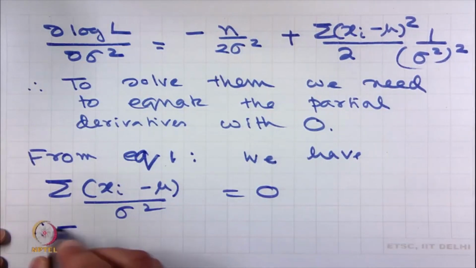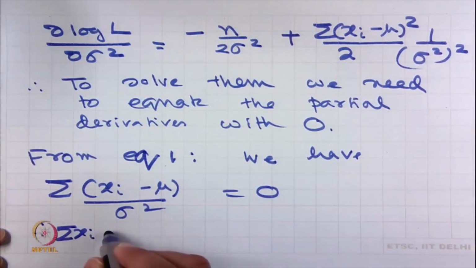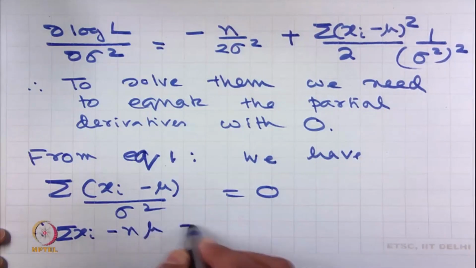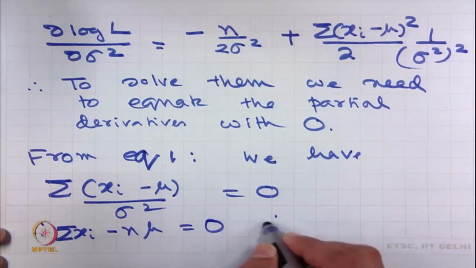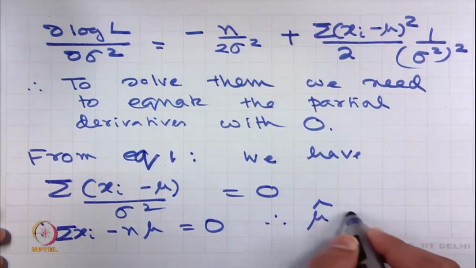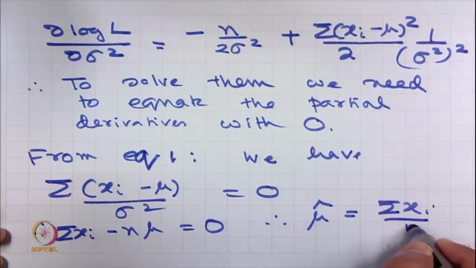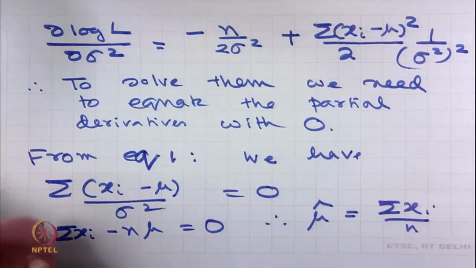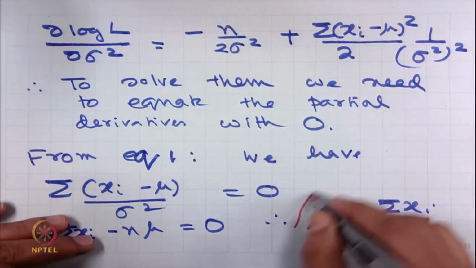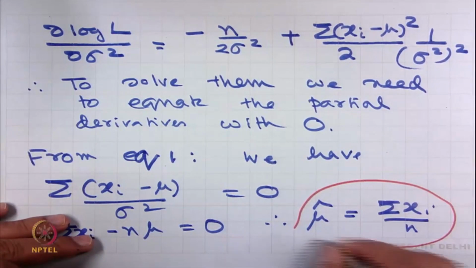Therefore, sigma xi minus n mu is equal to 0. Therefore, mu hat is equal to sigma xi upon n. So, that is the estimate for mu.